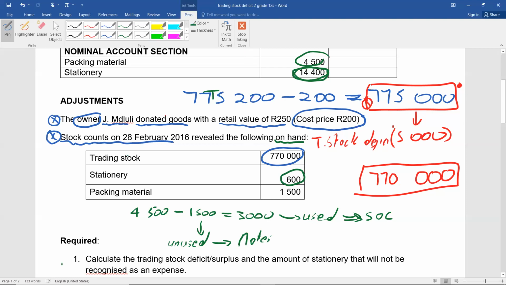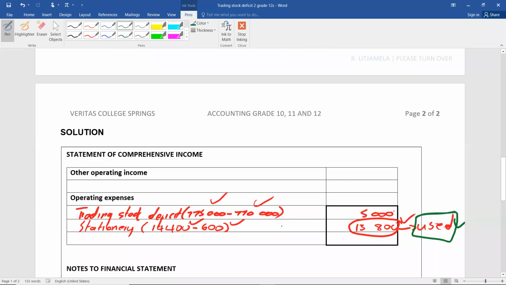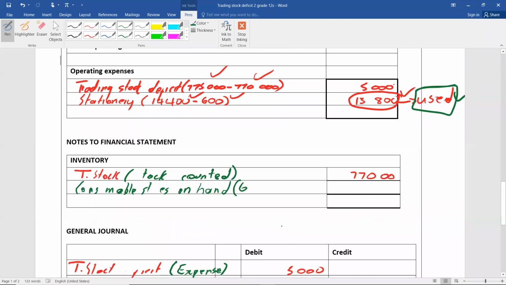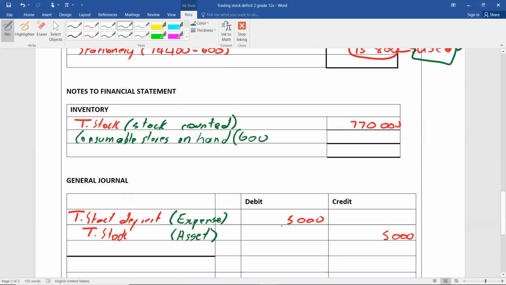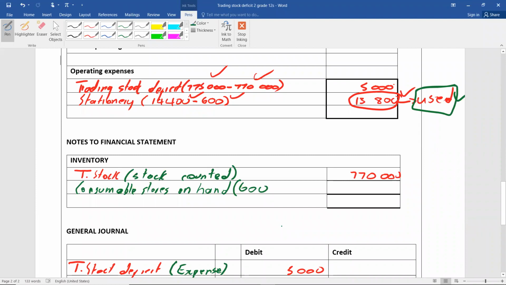Obviously, guys, you can actually do all of this in your question paper. I don't know where you do them, but I will advise you to do them as part of your workings in the answer book, because we do not mark the question papers. You will leave the exam room with your question paper, and we're going to be left with the answer book. So in your answer book, just to make life simple, you're going to write here packing material.